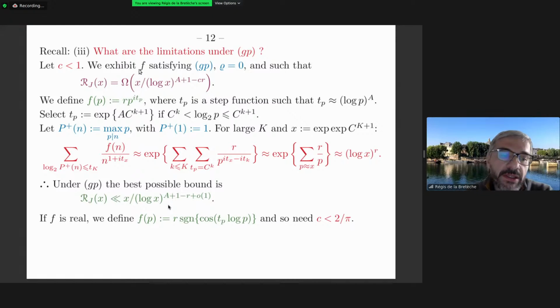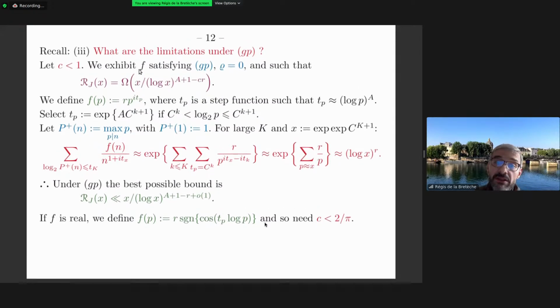And if we want to restrict to a real arithmetical function f, you can assume that f of p is r times the cosine of Tp log p.